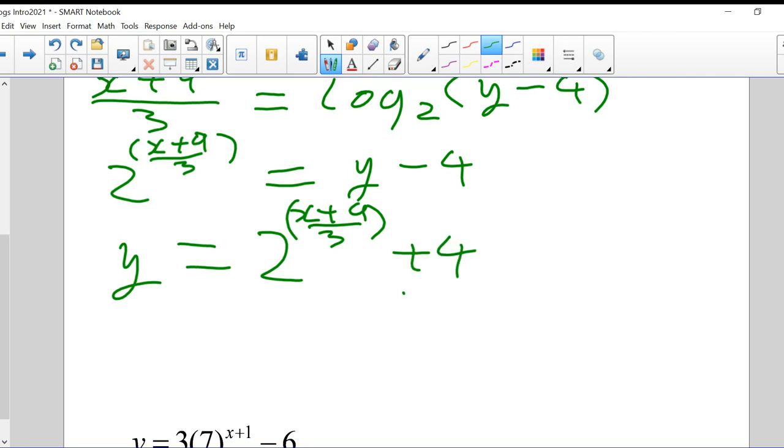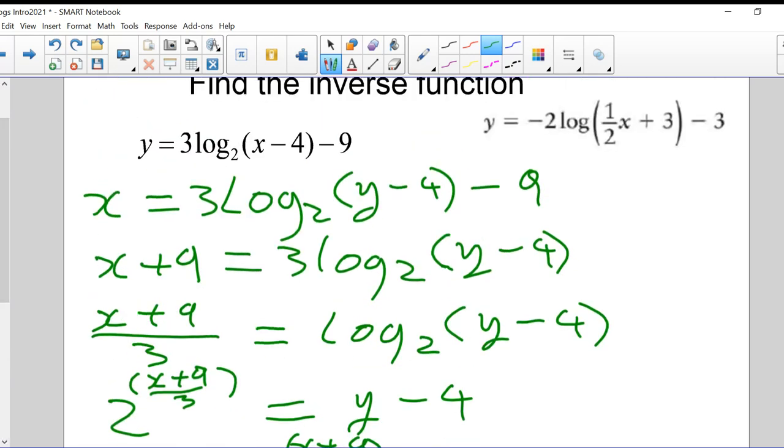If we have time at the end, I'm going to try to put this on a Desmos graph and show you that one is a reflection across the y equals x line. Okay, there's your inverse function. That function is the exponential form of the original log function that we had as a base 2.